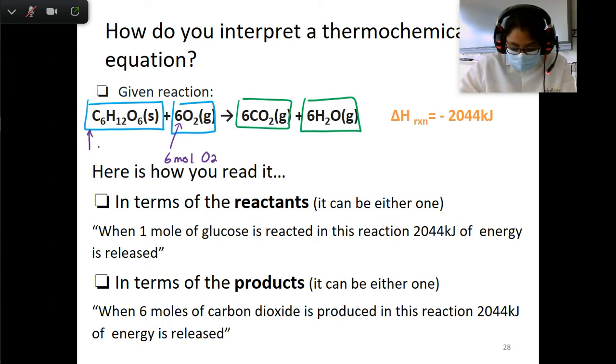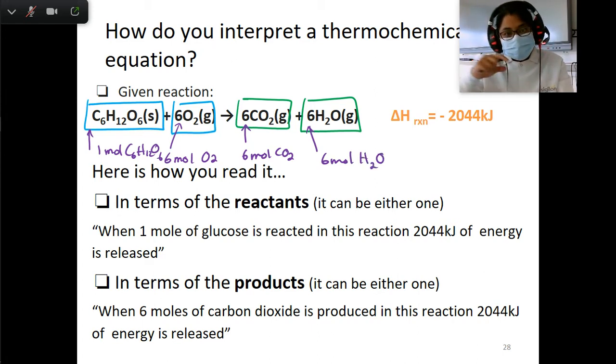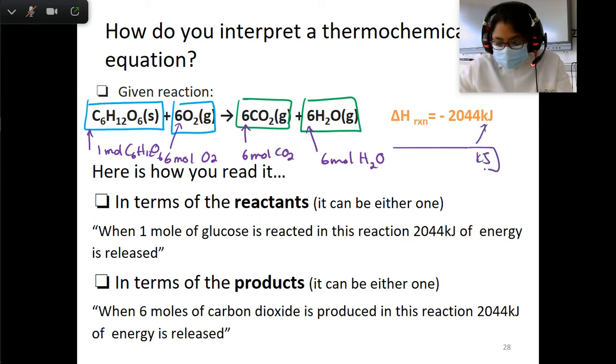This is 1 mole of glucose, this is 6 moles of CO2, and this is 6 moles of water. So we assume that the coefficient has the unit of moles built into it. And then this unit is kilojoules, which is the unit for energy.